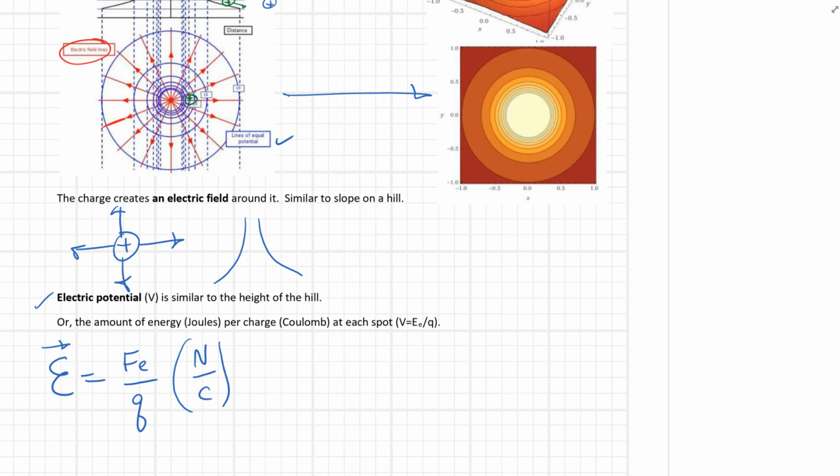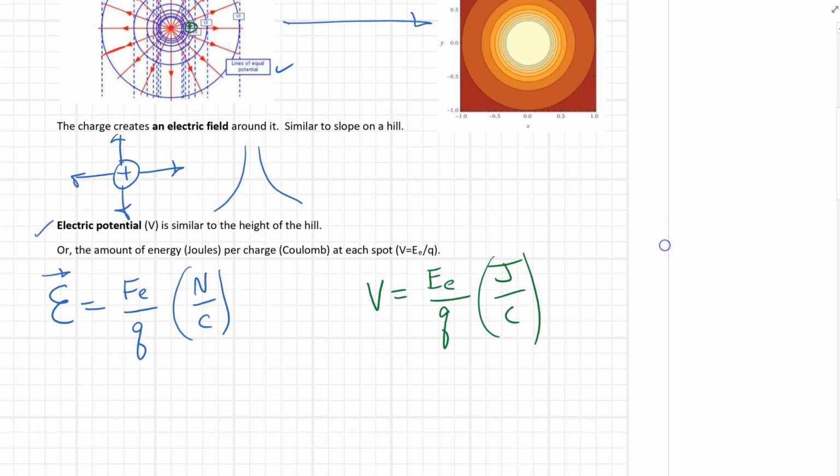For electric potential, we use V here, and electric potential is the amount of energy stored in the field. So electric potential energy stored in the field, again, per charge. So the units here would be joules per coulomb. That's kind of cool.